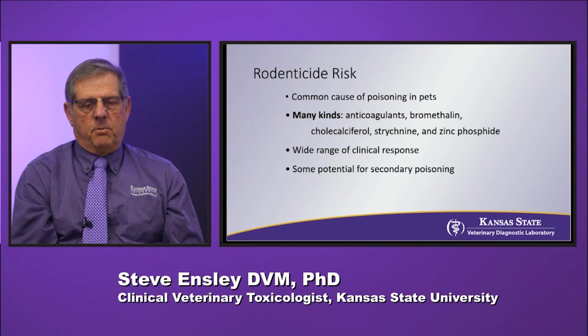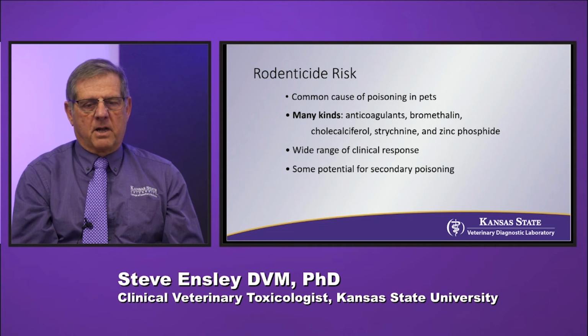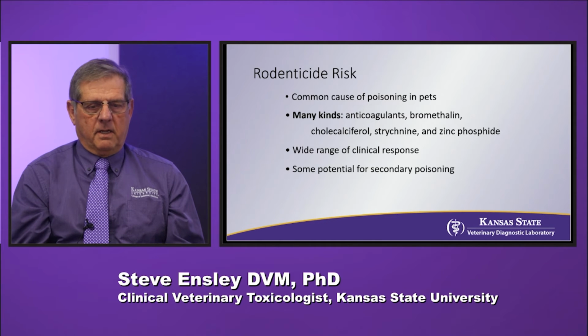If an owner brings their pet in and feels like they saw the animal get into a potential rodenticide, even if they bring the box in, even if it was something they used and the animal got into it inadvertently, you need to look at the box and the ingredients to actually know what it is, because of the different kinds of rodenticides that are used.